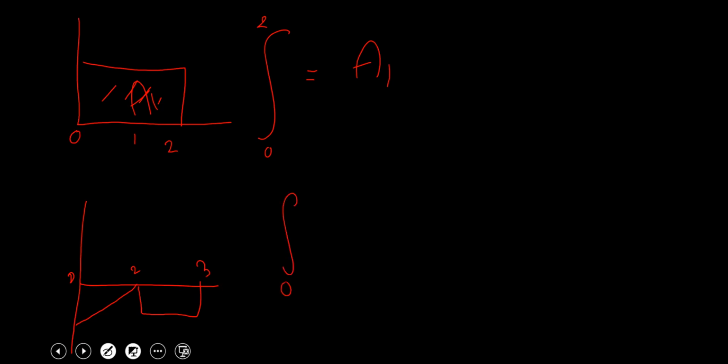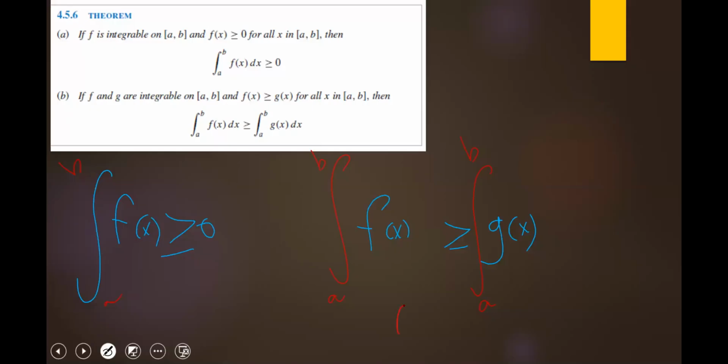From 0 to 3, it will be divided from 0 to 2 and from 2 to 3. Is it right? Yes, teacher. Now from 0 to 2, is it a negative or positive area? Negative. Negative A1.